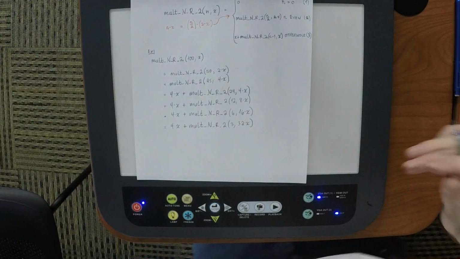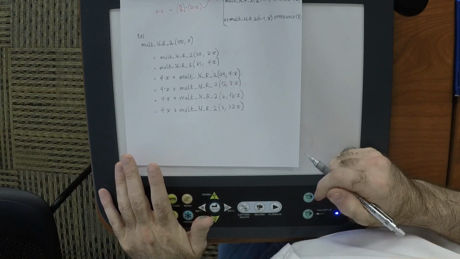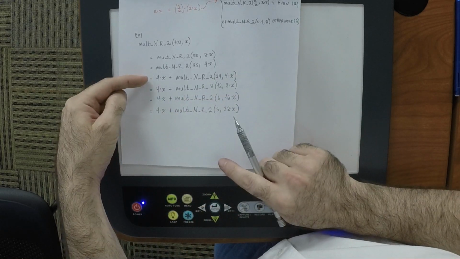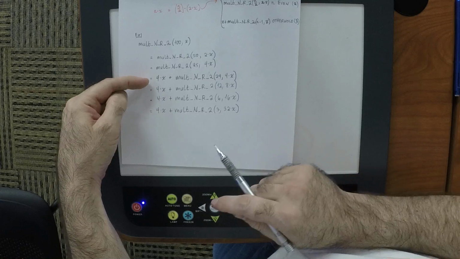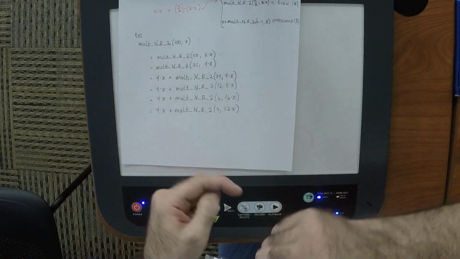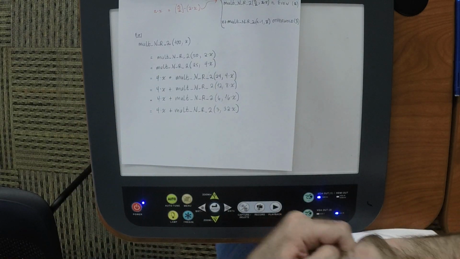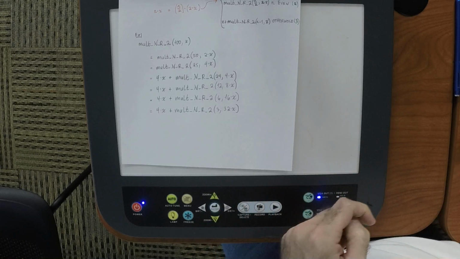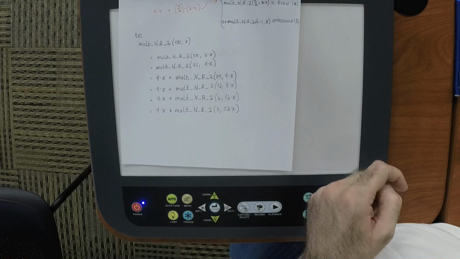All right. So do you observe that 4x came out a little bit ago, and that now 32x is going to come out? What do you think is also going to come out? 64x, probably, right? And I claim that that should be no surprise whatsoever. Why should that be no surprise whatsoever?